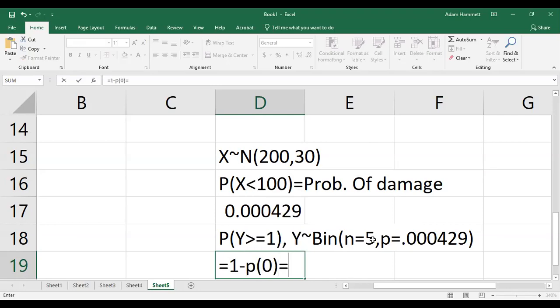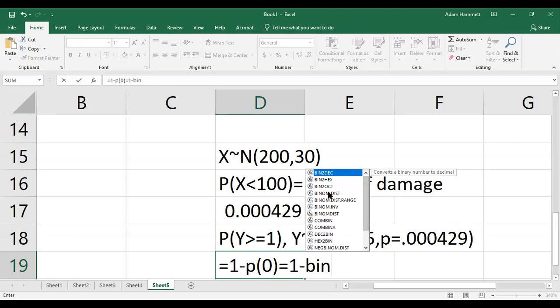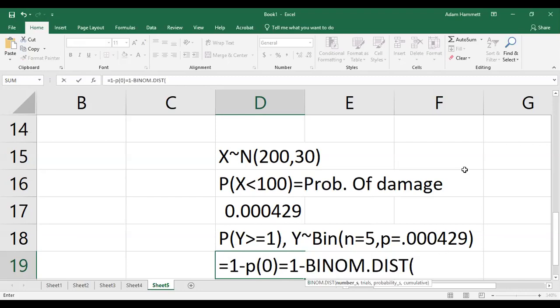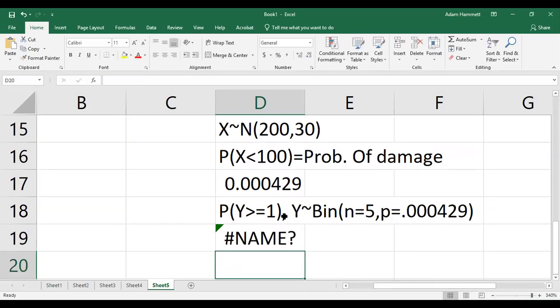So that's equal to 1 minus binomial distribution. What's the number of successes? I want 0 successes. What's the number of trials? 5. What is the probability of success? It's this right here. Cumulative, no, I really don't need cumulative here. I just want the probability of 0, basically.